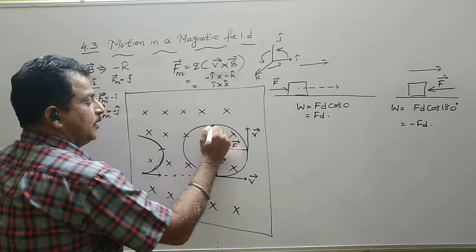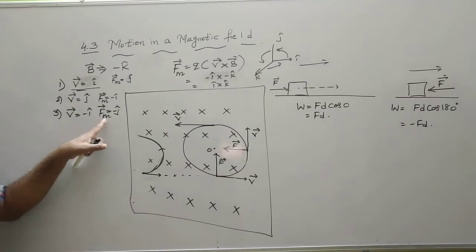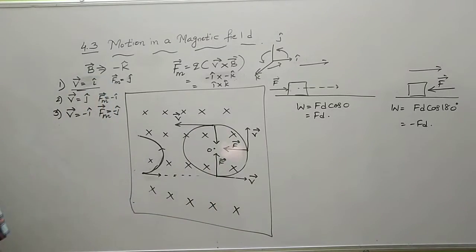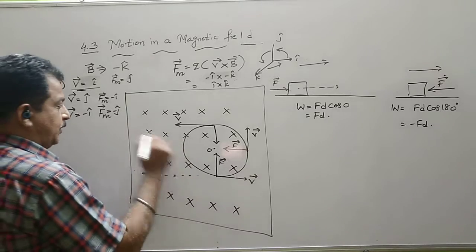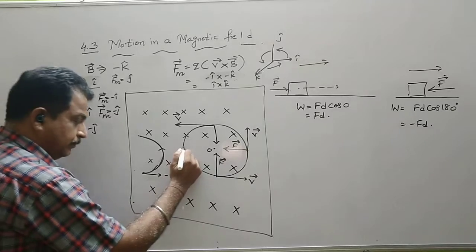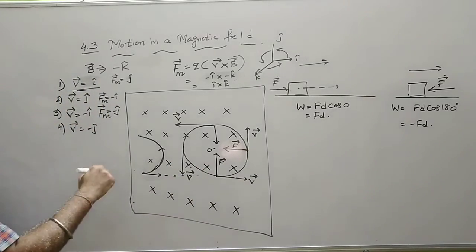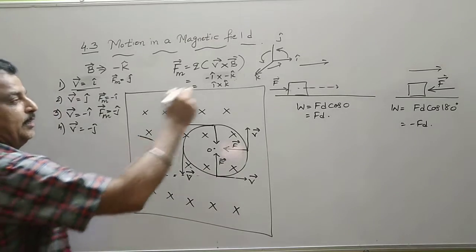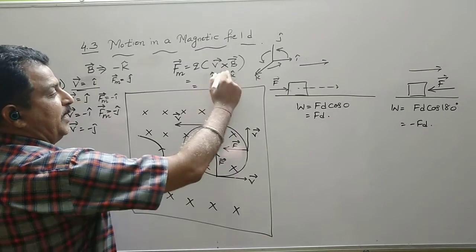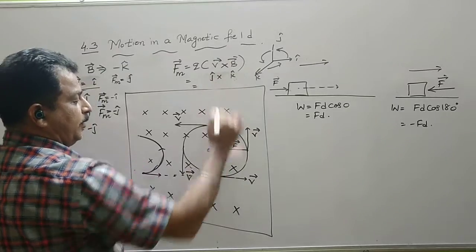So let us consider this point. This is V vector. What is the direction of the magnetic force? j. Now if we continue this, at the fourth instant, V becomes minus j. Again V. So your F, if you use this, that is minus j cross minus k, again minus minus gone, j cross k becomes i.